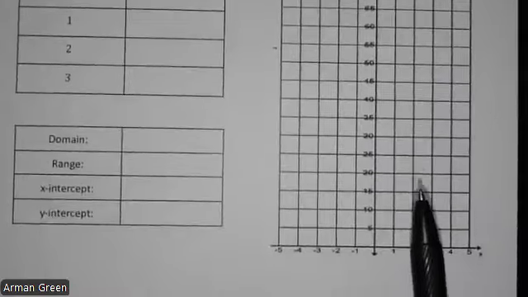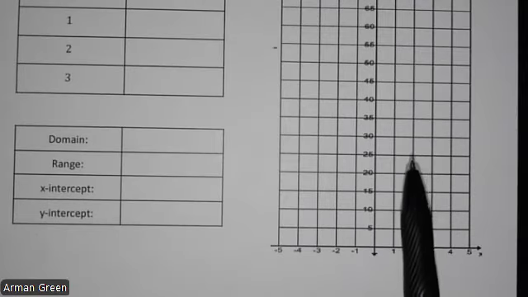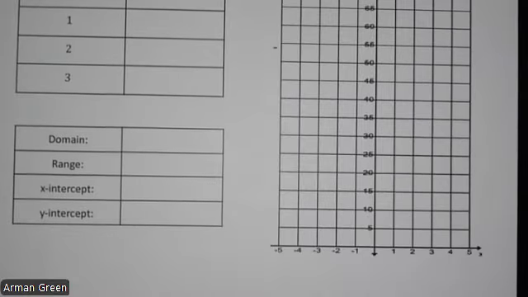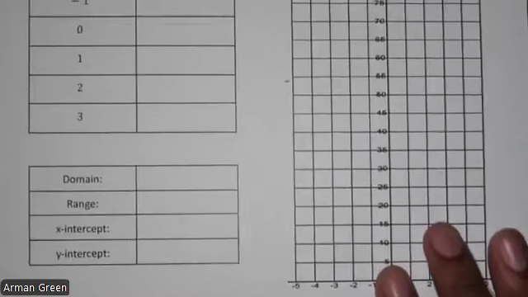And then once you have filled in these two tables, I want you to take this information and graph it on the right-hand side of your paper. All right, so go ahead, pause this video, take time to see if you can fill out these three items here. And then when we meet again in a couple of moments, we will have this entire page filled out and continue from there.